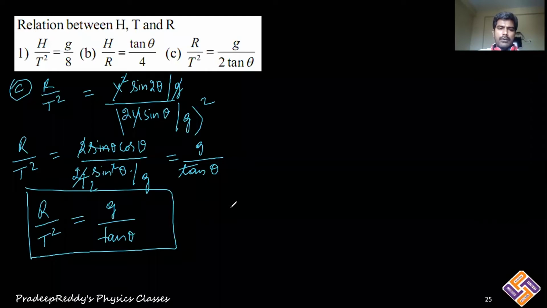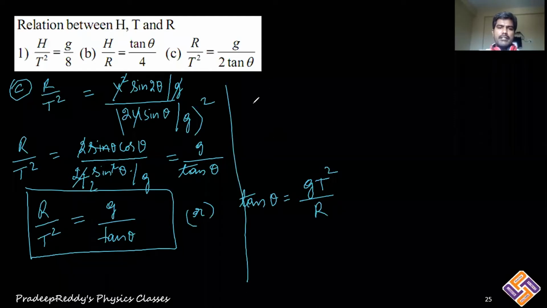Or you can even write tan theta is equal to g t square divided by r. Okay, so tan theta is equal to g t square by r, which we have derived, and the other one we have got is tan theta is equal to 4h divided by r.